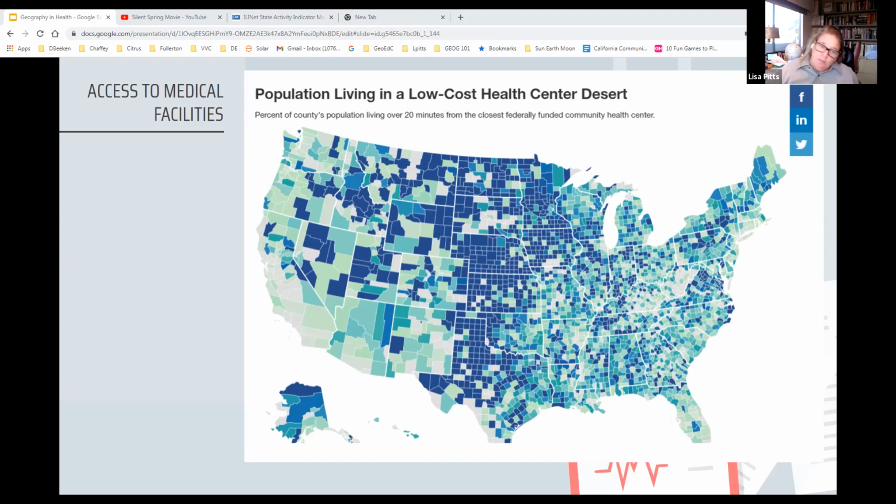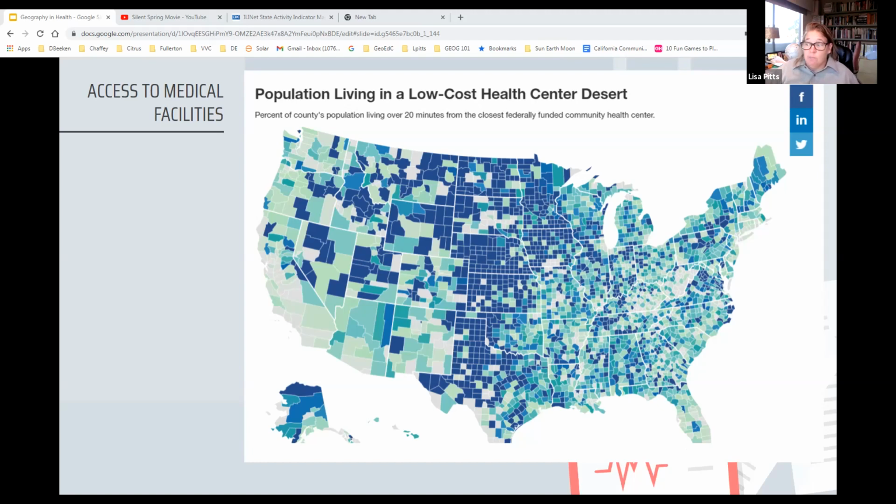And then federally funded community health centers are especially critical in underserved communities. In 2019, nearly 30 million people visited one of these low-cost health centers. And of those, about 91% were at or below the federal poverty level.